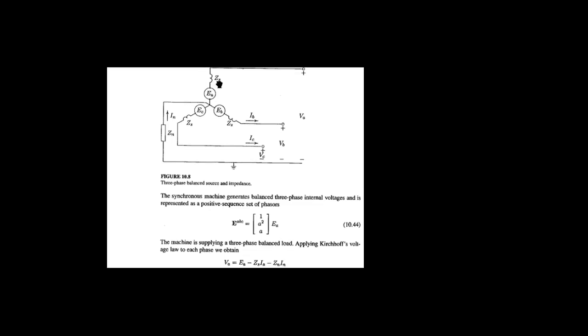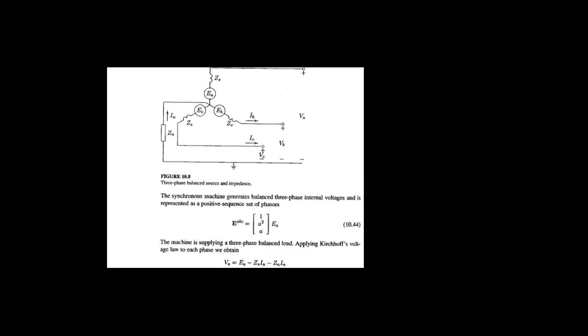It is the voltage, then you have some drop from the source EA, right? EA is the initial voltage or internal EMF. Then you have some drop, which is due to the ZS series impedance as well as the neutral impedance Zn. So VA will be there, right?